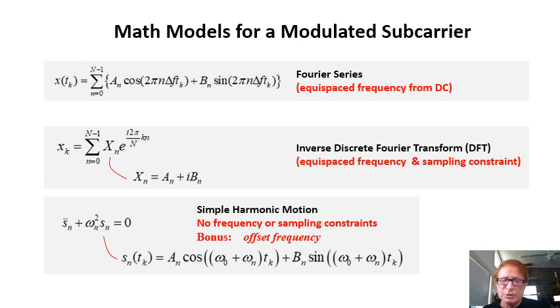an exponential complex representation. This allows use of the FFT for a fast numerical solution, but further constrains the model. This model has the equispaced frequency constraint and the DC constraint, and it adds a constraint on the digital sampling frequency.